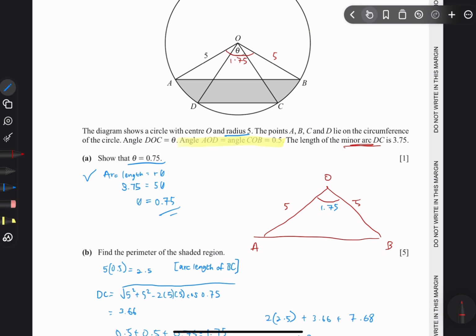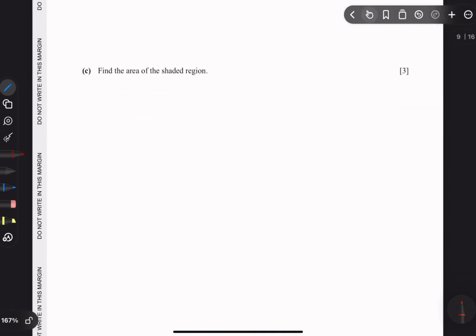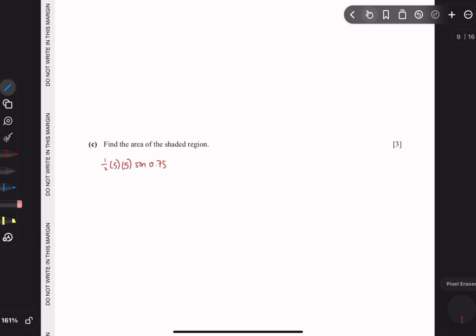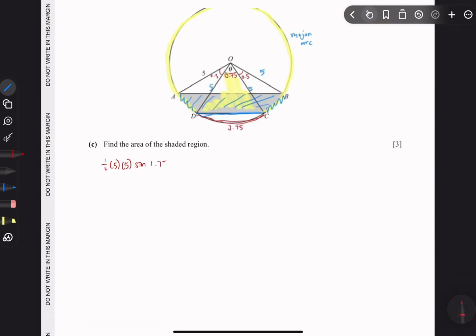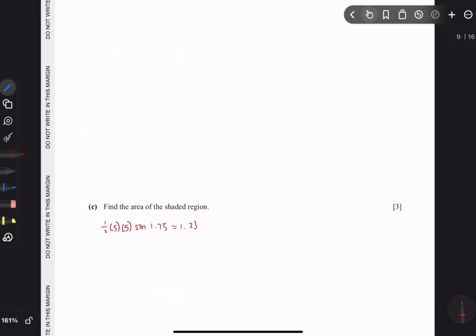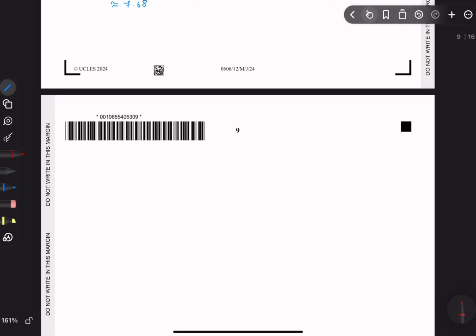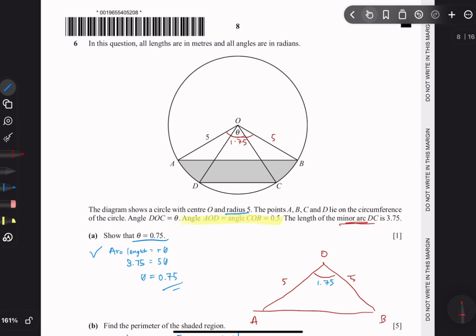Okay, so first we can find the area of triangle AOB, which we can use the formula half ab sine C. So AB is the side and C is the angle. Wait, I think that's 1.75. So the area of triangle AOB is 12.3.